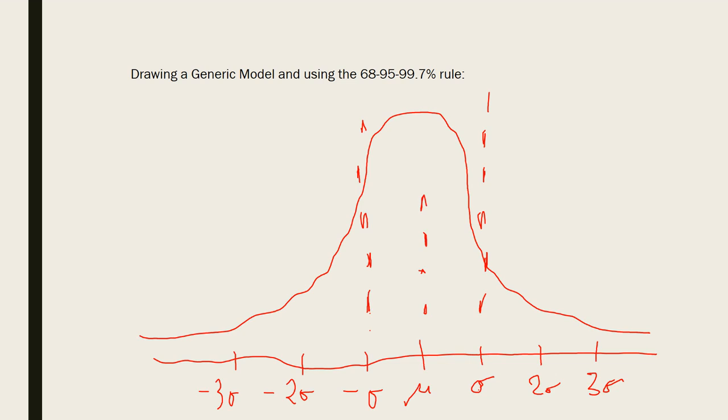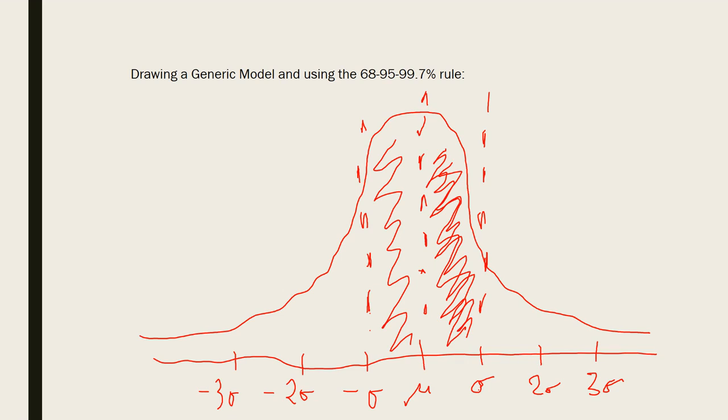Well, it's a symmetric distribution. So if we have 68% between 1 standard deviation below and 1 standard deviation above, then each of these segments should have the same amount of data, so they should both be half of 68%.